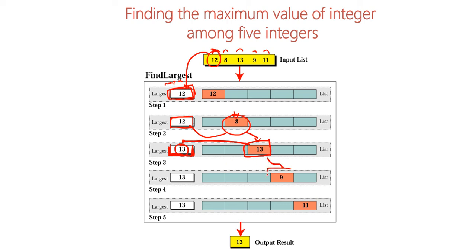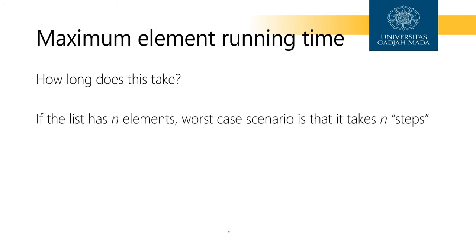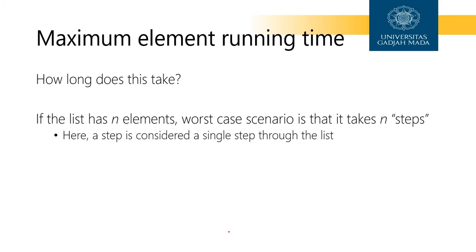Then we check again, and we find 9, it's still 13, and then 11, it's still 13. So the result is 13. This algorithm also has a running time: if the list has n elements, the worst case scenario is that it takes n steps.